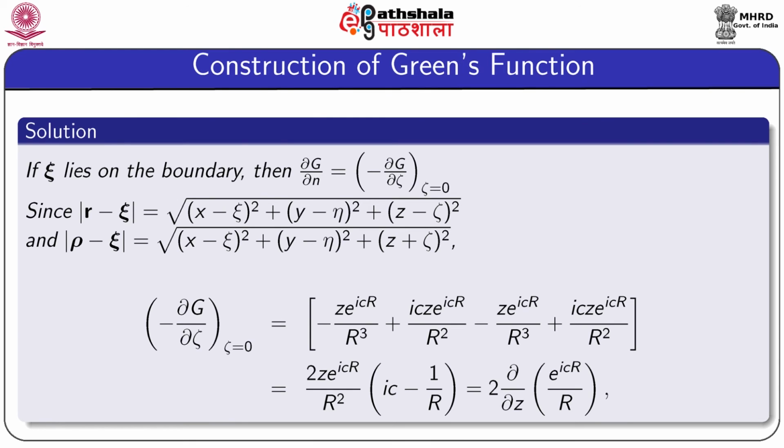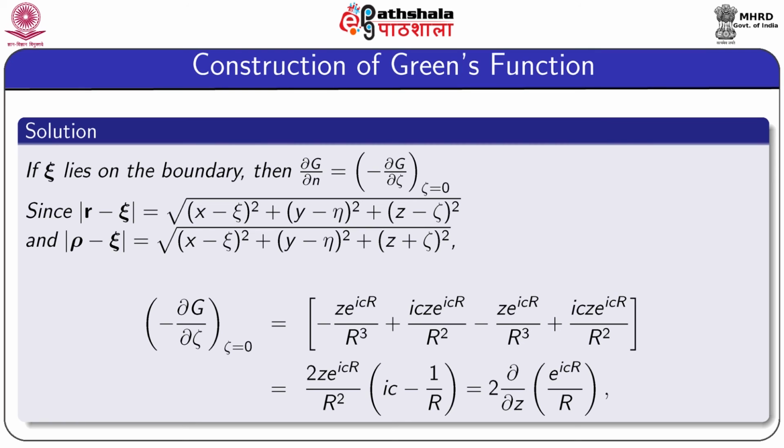Also, on the boundary z equals 0, del g del n is equal to minus del g del zeta, and we can obtain the expression for mod r minus xi in terms of Cartesian coordinates.